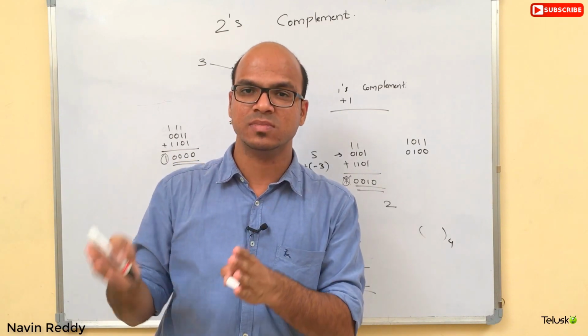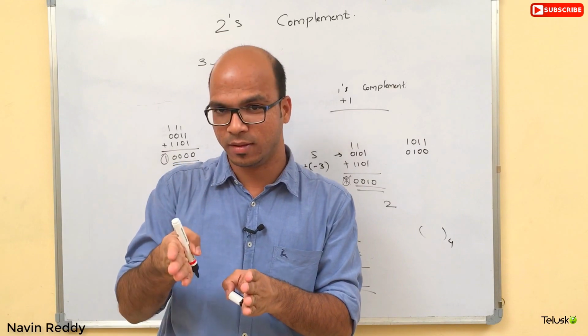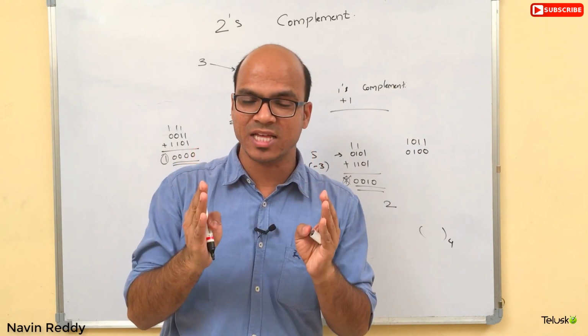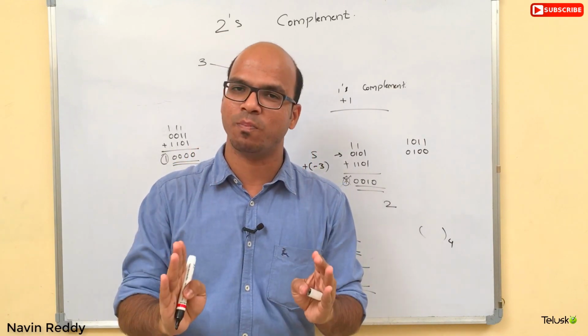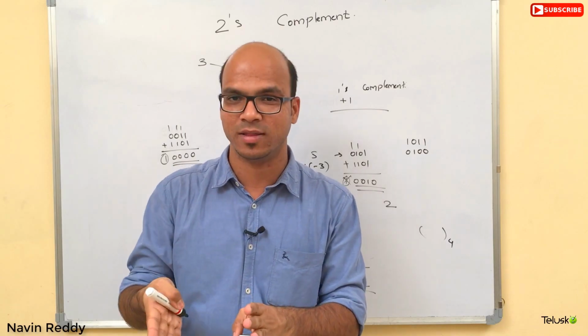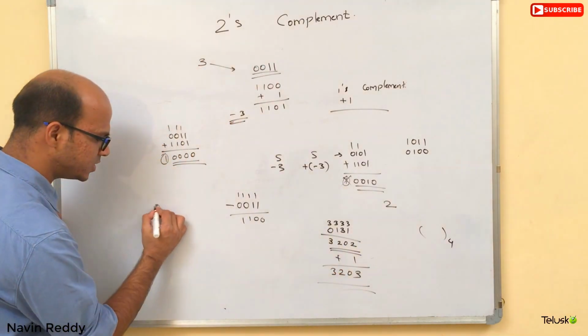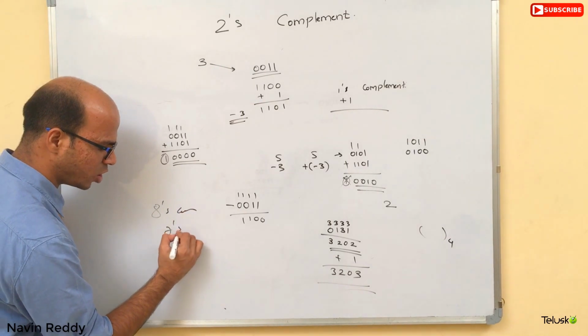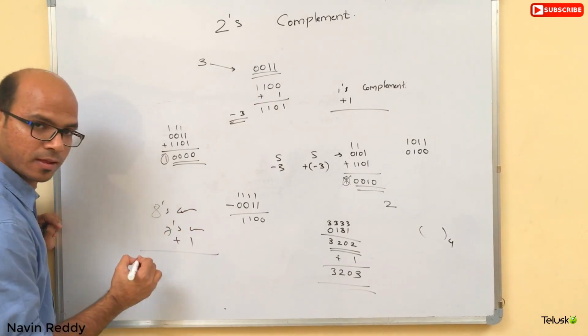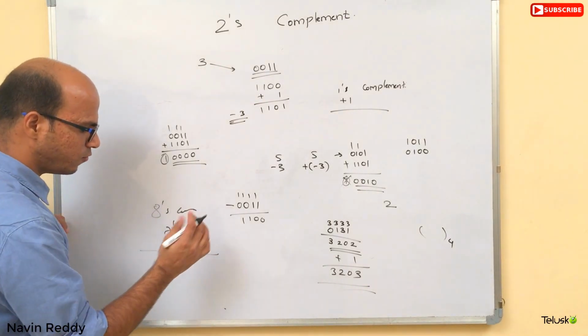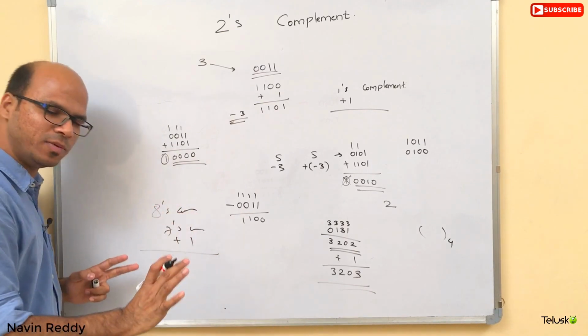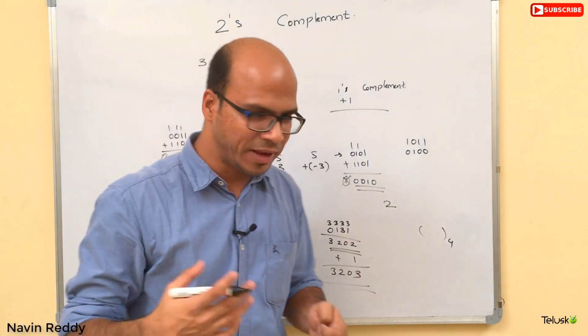For the octal system, it is 7's complement plus 1, right? But if somebody asks you 7's complement, it is simply 7's complement. It is not 6's complement plus 1. Okay. So for 8's complement, it is 7's complement plus 1. For 7's complement, it is simply 7's complement. So that's how you have to answer in your entrance exam.